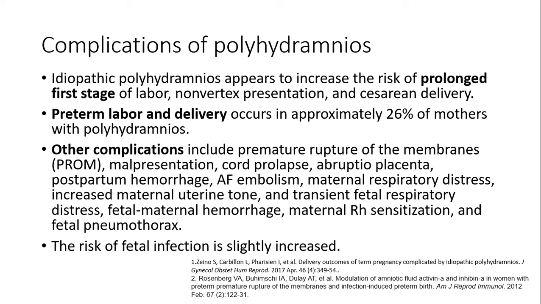Other complications may include premature rupture of membranes, malpresentations of the fetus, cord prolapse, abruption of placenta, postpartum hemorrhage, amniotic fluid embolism, maternal respiratory distress, increased maternal uterine tone, and transient fetal respiratory distress.